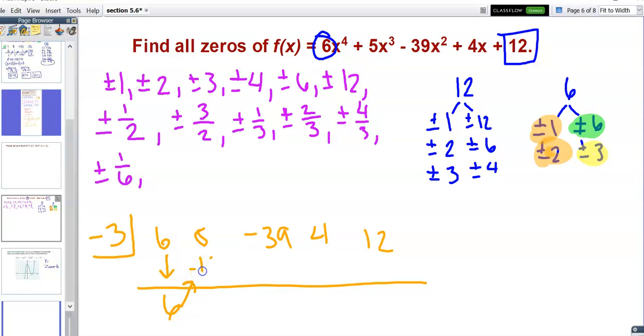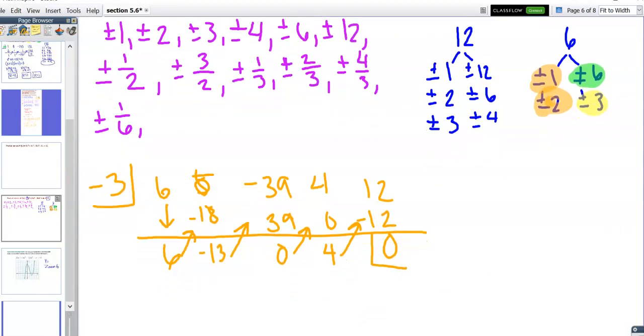Carry up and multiply. This is a sloppy 5, but a 5. Multiply -3 and -13. Multiply 0 and -3. And then for -3 is -12. And a remainder of 0.